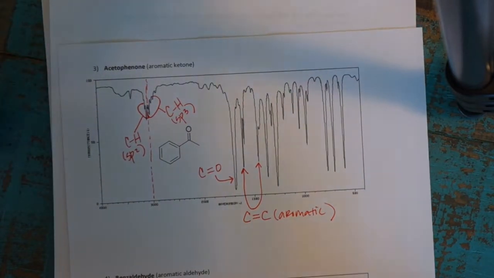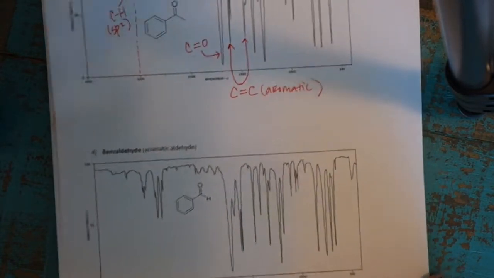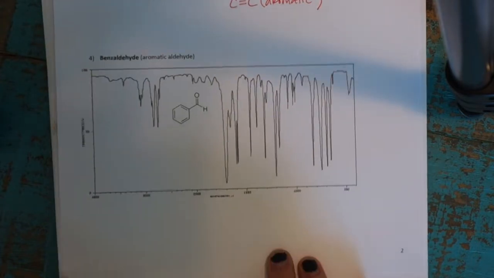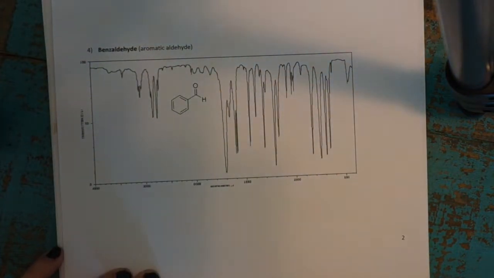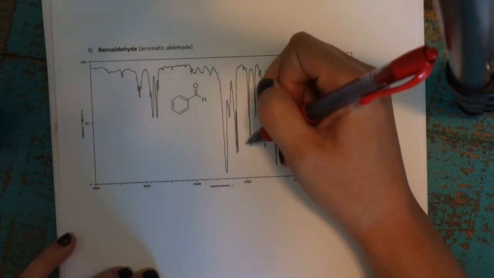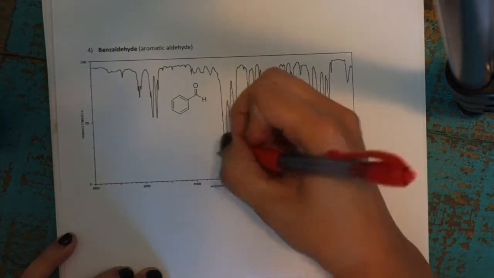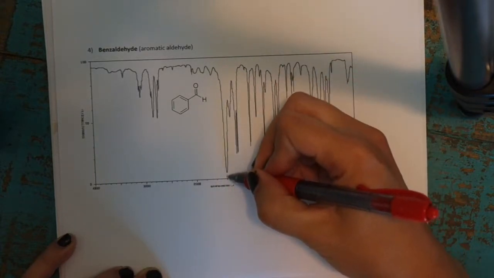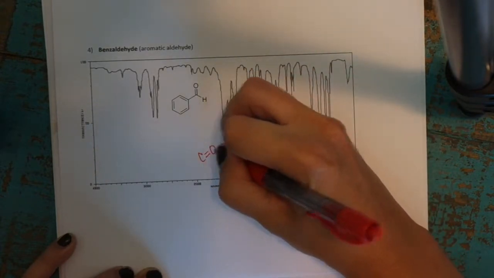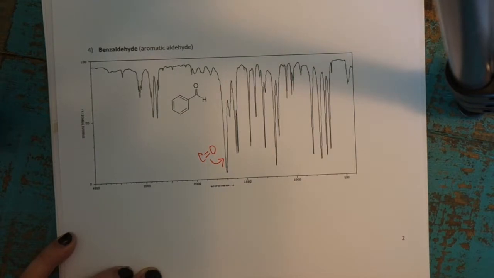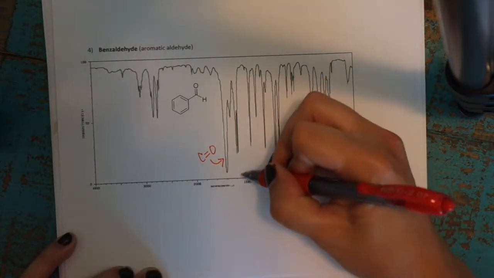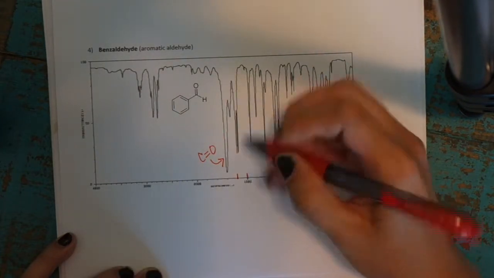Okay, and then one other example, which we haven't done yet, example number 4, benzaldehyde. This one doesn't have any sp3 carbons, so it's going to have all sp2. We have the stuff we talked about before: our strong peak at 1700, that's a carbonyl. And then we have some peaks hanging out around 1600 and 1500.